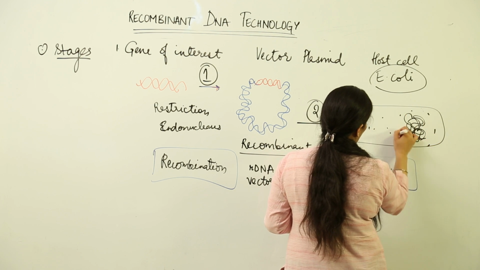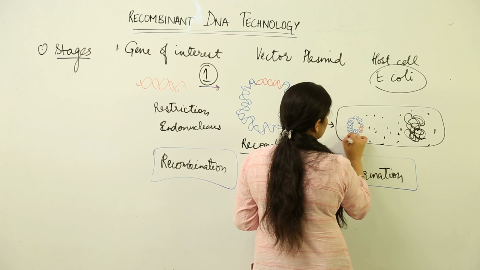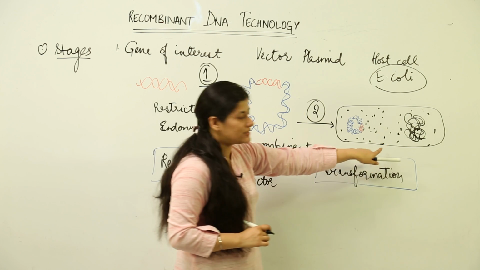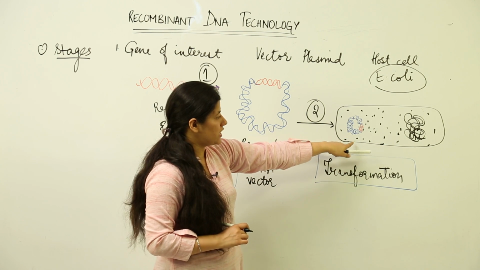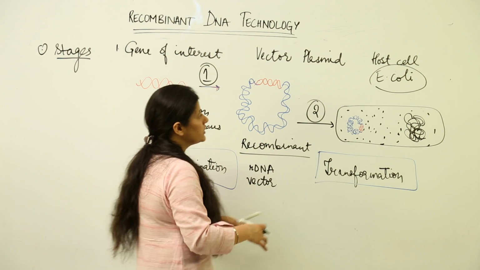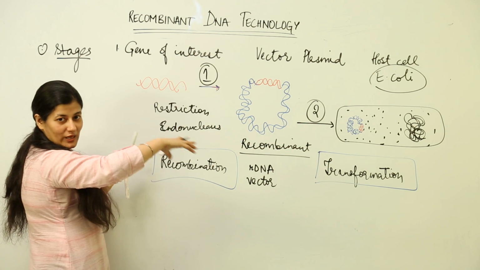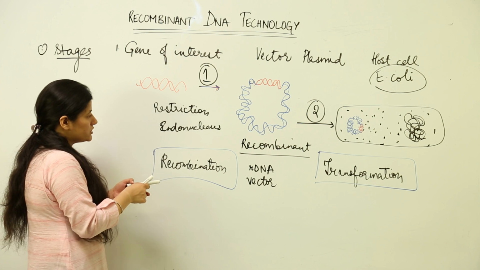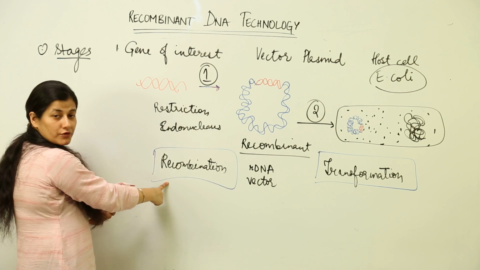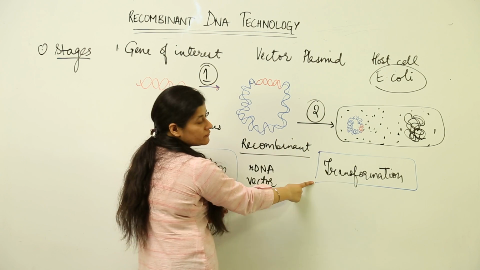We have its own nucleoid and the recombinant that has been introduced, and this E. coli with external DNA or the recombinant DNA is known as transformant. So this is the entire process, the various stages which are involved in the process of recombinant DNA technology. The first step happens to be recombination and the second step is transformation.